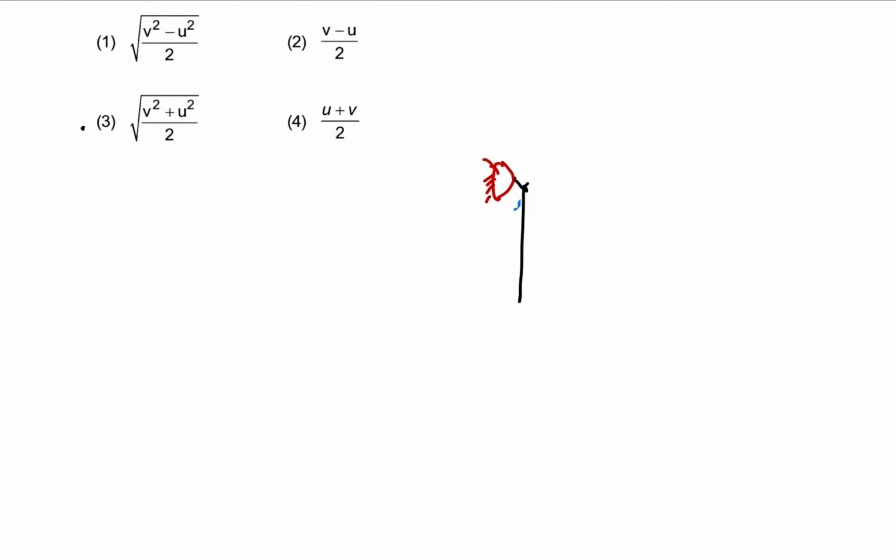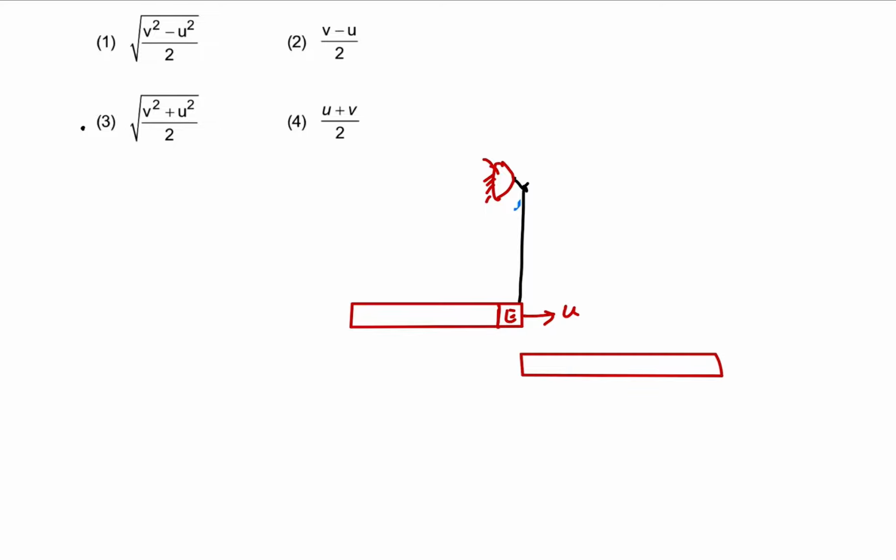Now, initially, whatever the train is there, let us consider this is a train. This is the engine of the train. It is moving with a velocity u. Now, after some time, you can see that the last bogie is there now.